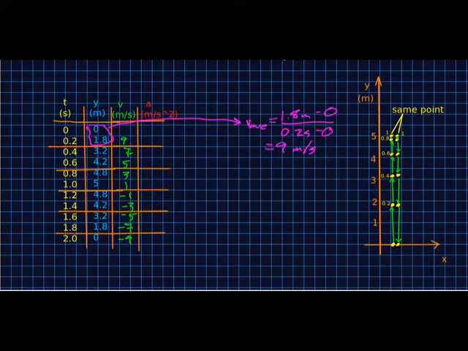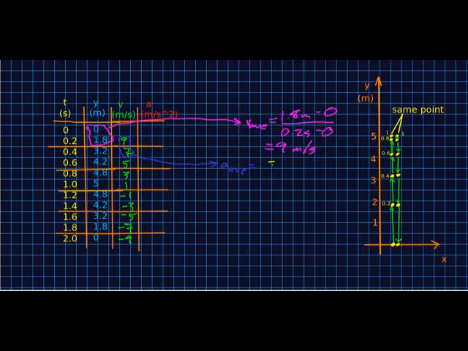And now I'm going to take these two v's and I'm going to calculate an a with them. So I'm going to do an AAV. And so this will be for this time interval from 0.2 to 0.4. And I'm not going to work in that blue because it's too hard to read.